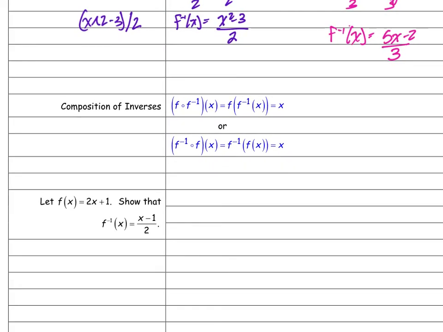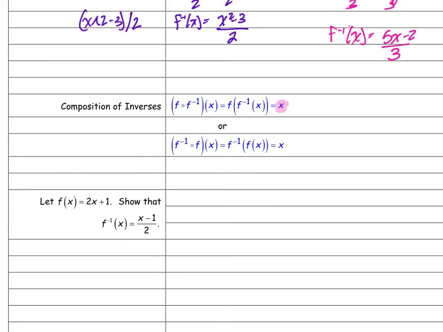I take the composition, which we did yesterday. I either take f inverse and put it inside of f. I take f inverse of x and slide it into f, and my answer should be x. That's what we're looking for. If I put a function inside of another function and my answer is x, then they're inverses of each other. If it all reduces down, everything goes away, and I'm only left with x, then they're inverses. And it goes either way.